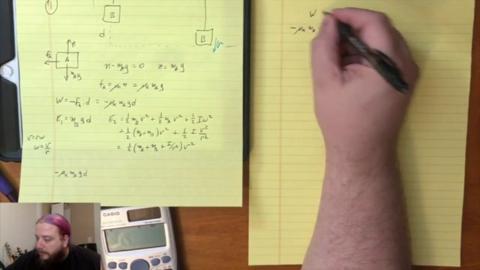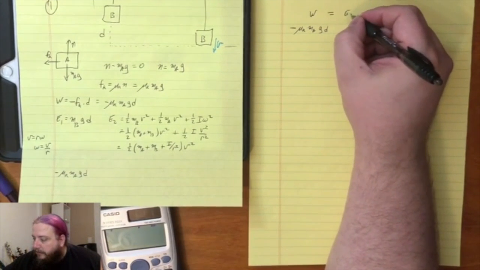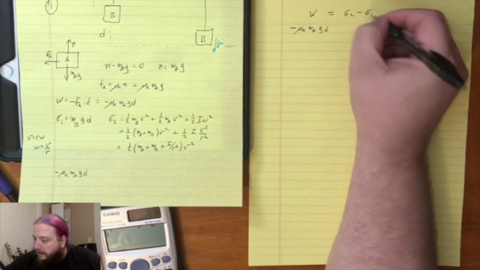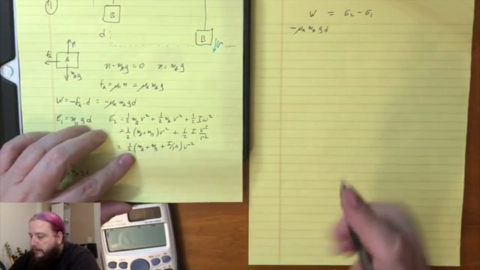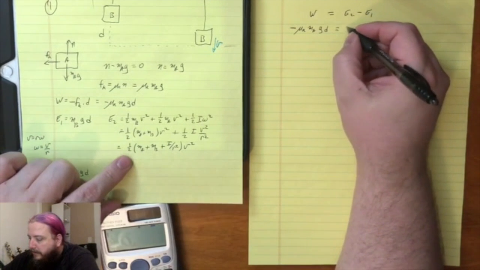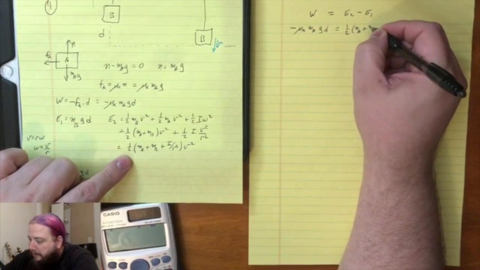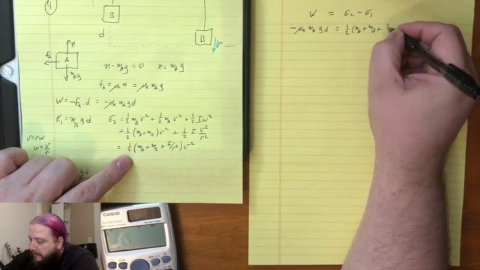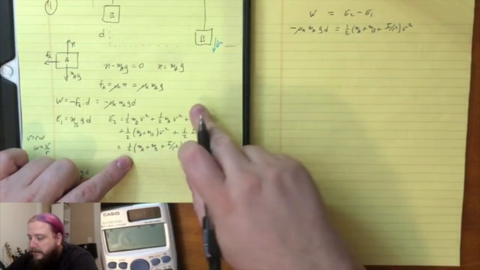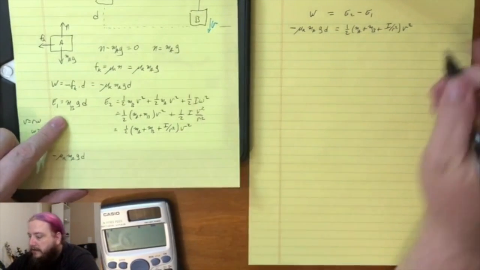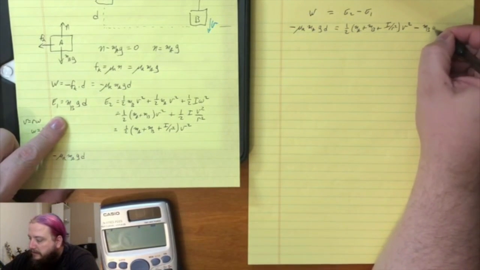So this is work equals E2 minus E1. E2 is 1/2 MA plus MB plus I over R squared V squared, and E1 is minus MBGD.